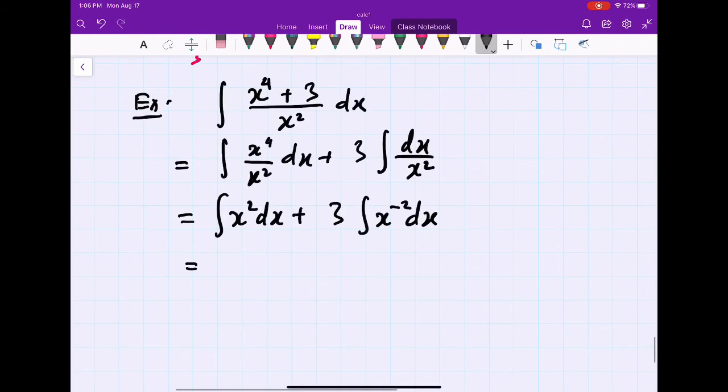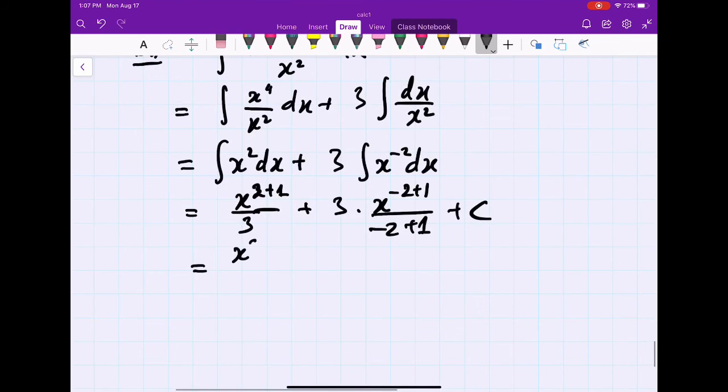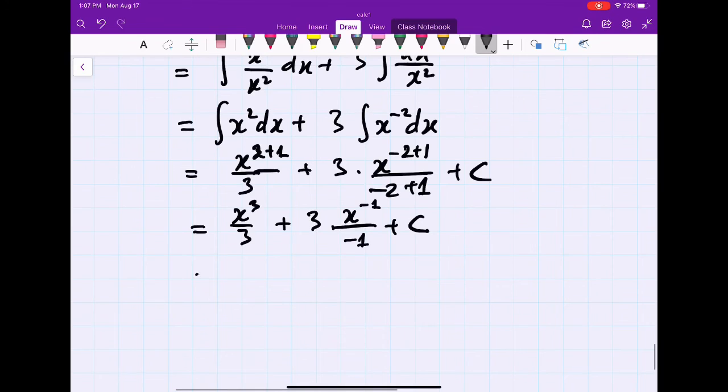Then the antiderivative of x squared is x cubed over 3. I write in short, x to 2 plus 1. And then plus 3 times x to negative 2 plus 1 over negative 2 plus 1, plus c. So you have x cubed over 3 plus 3 x to negative 1 divided by negative 1 plus c, or x cubed over 3 minus 3 over x plus c.